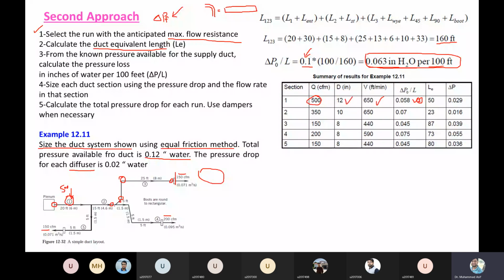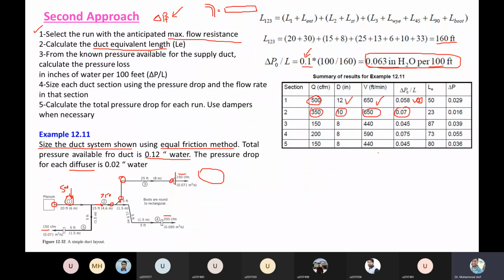Similarly for section 2, out of 500, 150 will be in this branch, so the remaining flow at section 2 will be 350, right? So 350 is now the flow rate in that branch, and similarly it will have the value of delta P naught by L. And then from the table you can read the value of the duct diameter and the velocity.